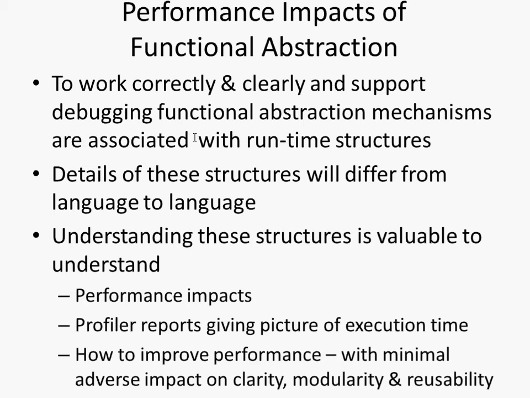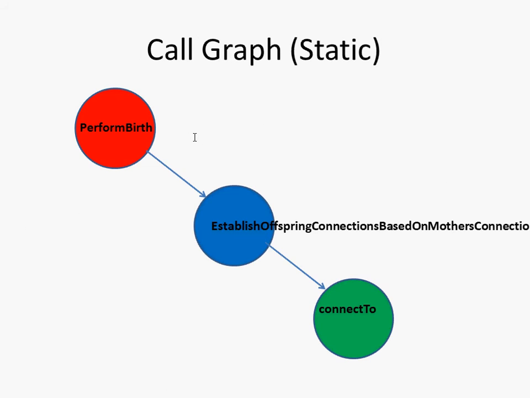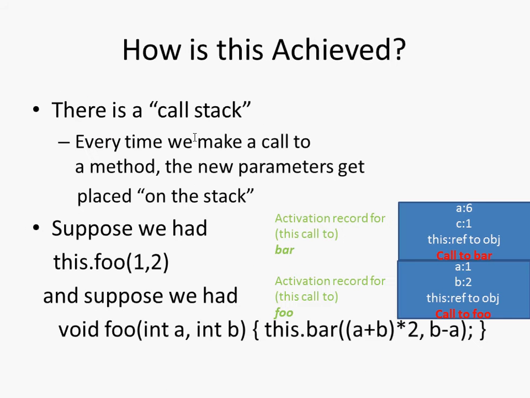It'll help you, in some cases, understand why weird things are happening. And it will help us understand the performance issues, and how to deal with them gracefully without twisting our code so that we have to bow to the compiler or bow to the performance constraints by twisting our code, getting rid of abstractions. So understanding these structures will be valuable for you in terms of understanding trade-offs, in terms of figuring out how to deal with things more effectively.